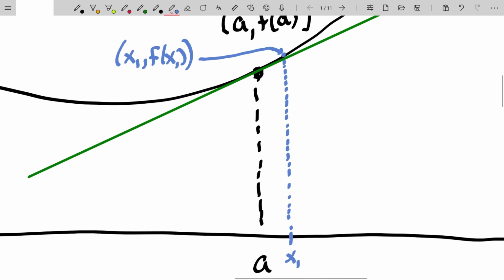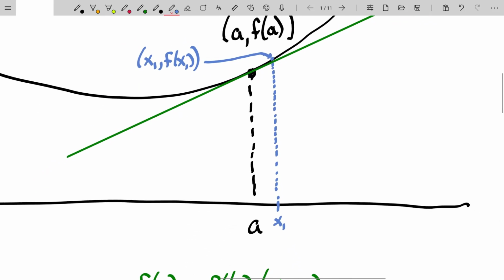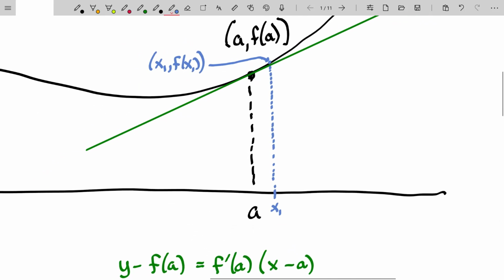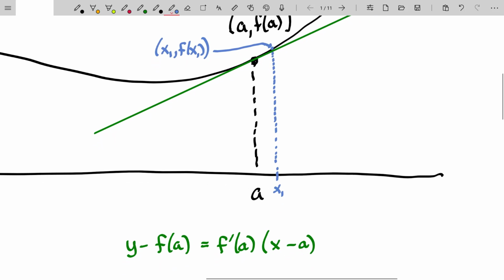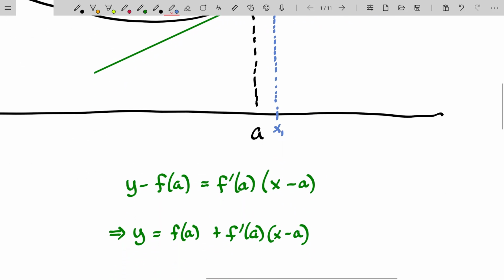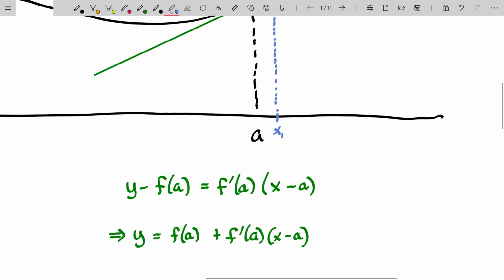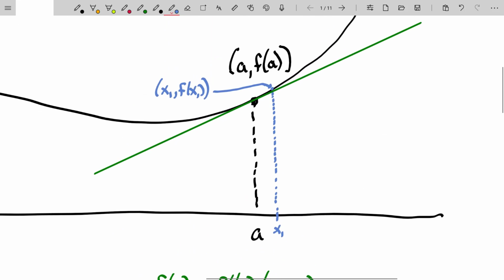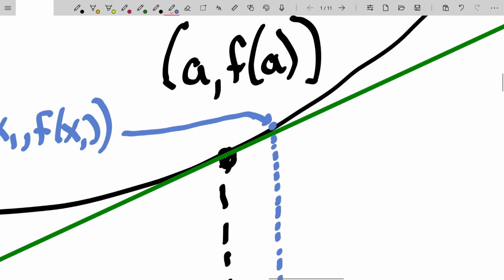However, if that's an ugly enough point, the x value that is, it might be much easier just to plug in x sub 1 instead into our tangent line. If we do that, notice that its value would be approximated using a tangent line right there.